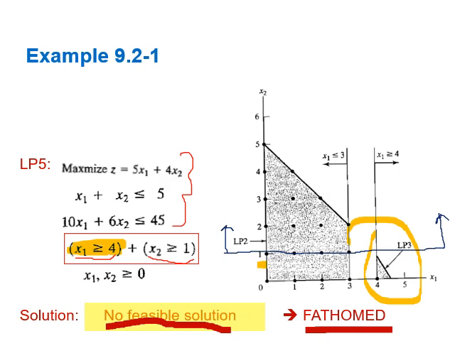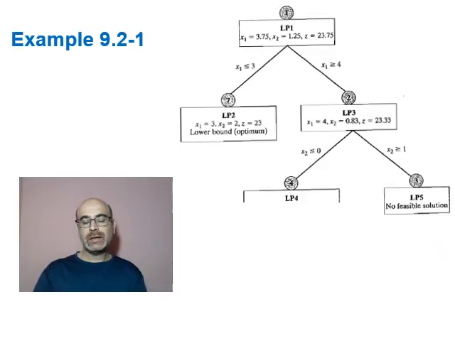Now, remember, we had remaining LP2, LP4, and LP5. We considered LP5 and decided to fathom it. The remaining two are LP2 and LP4. We need to continue with them. So in this branch and bound tree, where are we now?